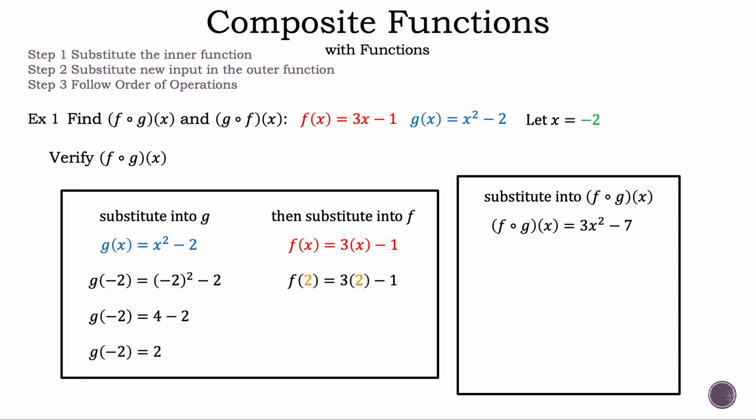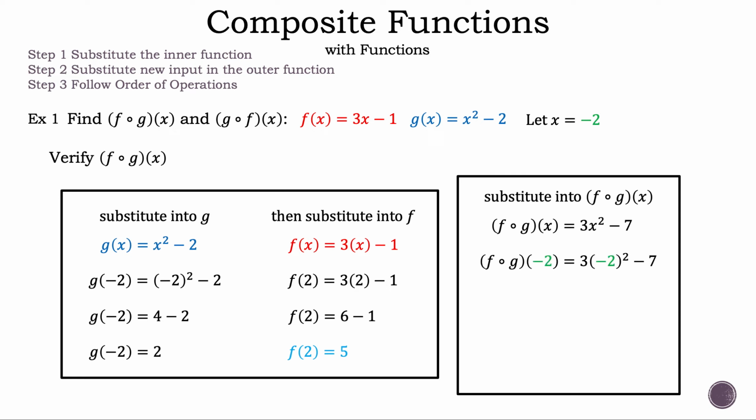So we need to substitute 2 into f of x. So now we have f of 2 is equal to 3 times 2 minus 1. And 3 times 2 is 6, and 6 minus 1 is 5. So f of 2 is 5. That is the output value we want when we substitute negative 2 into f of g of x. So let's substitute negative 2 into f of g of x.